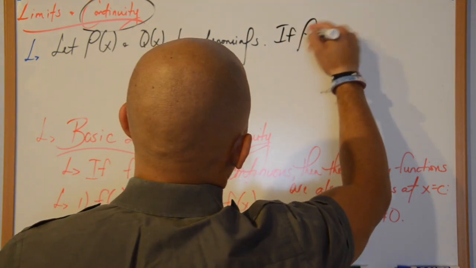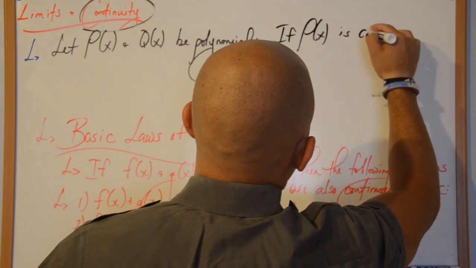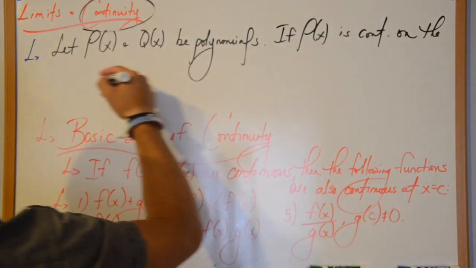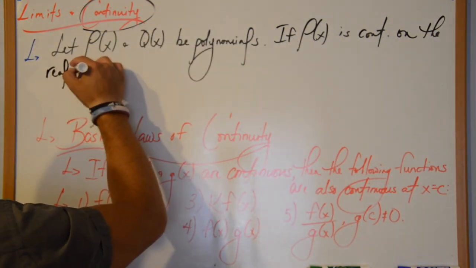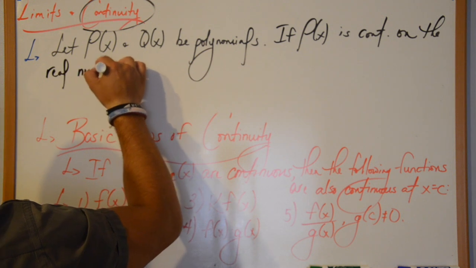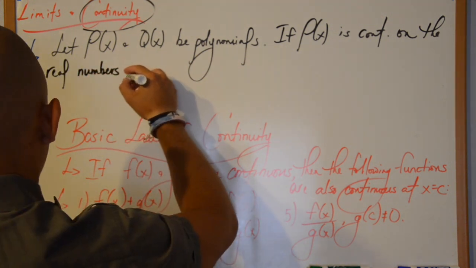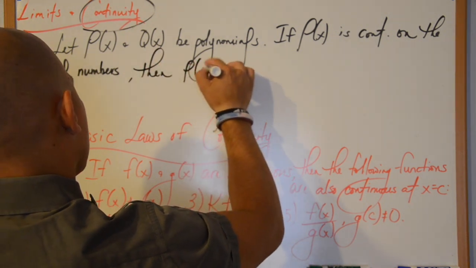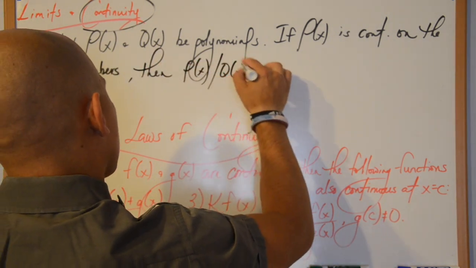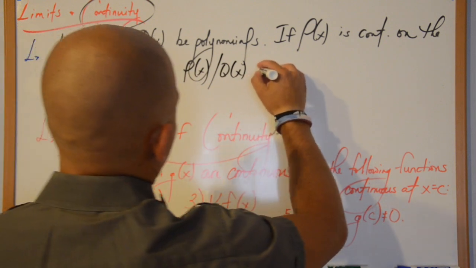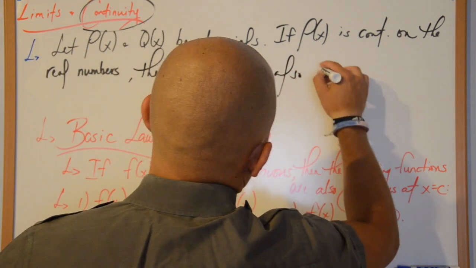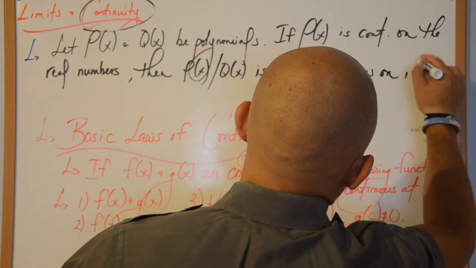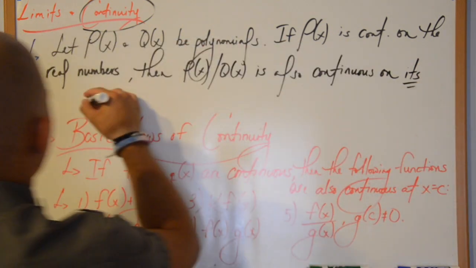If p of x is continuous on the real numbers, and then their quotient is also continuous on its domain.